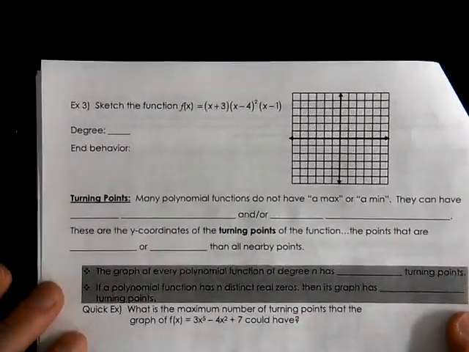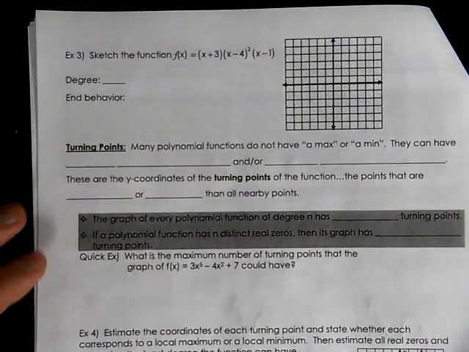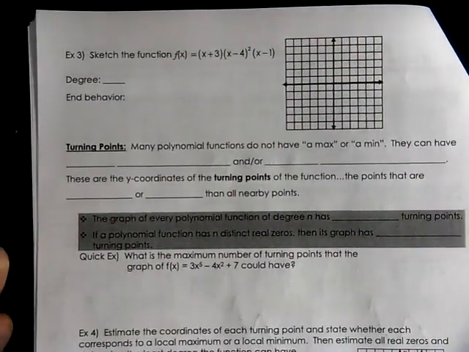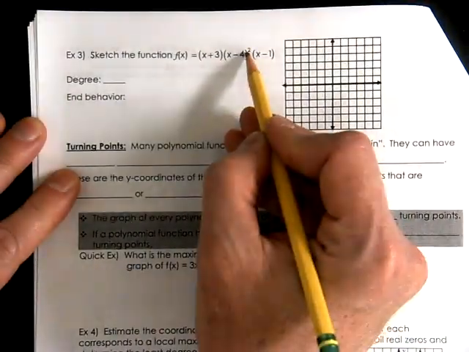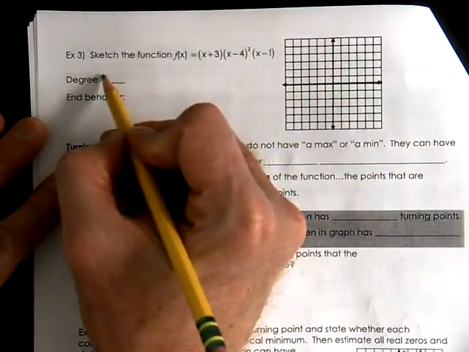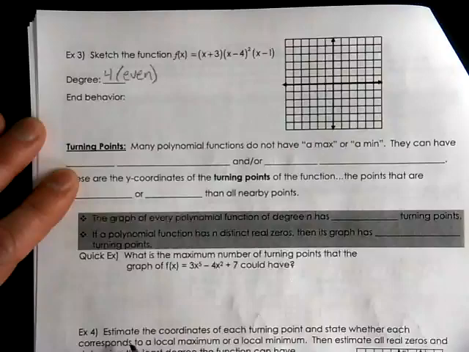Here we do the same thing again. But what's different about this one? What do you see? You got to be observant. I see a square and I see 3 terms, but this is a square. So I know this is the 4th degree. This is going to be even.